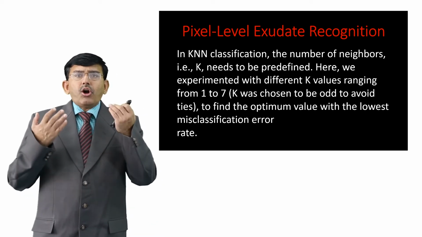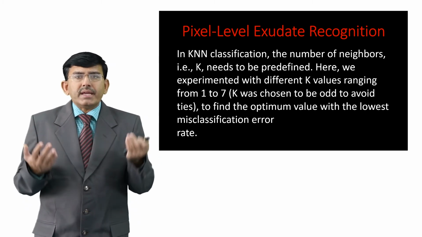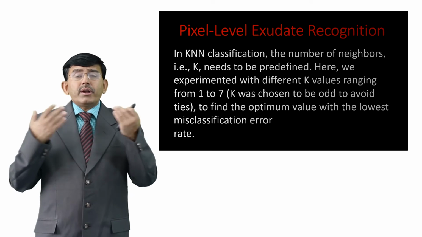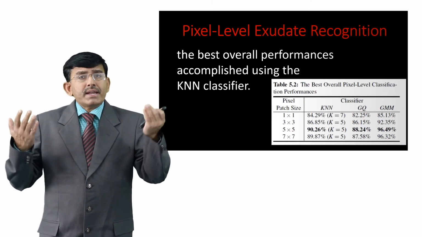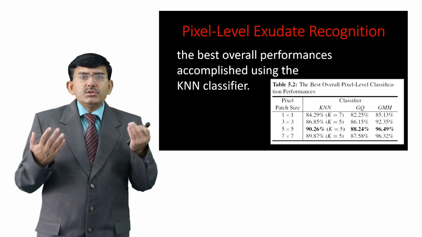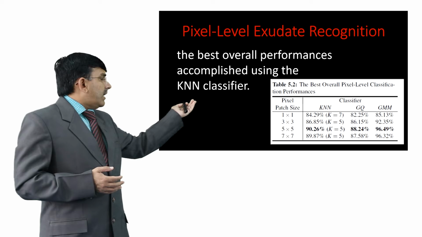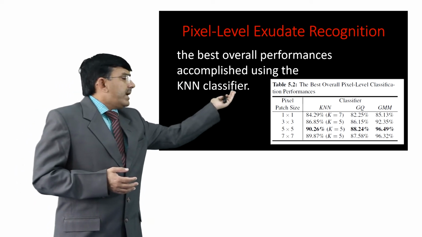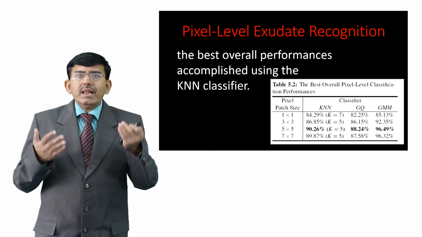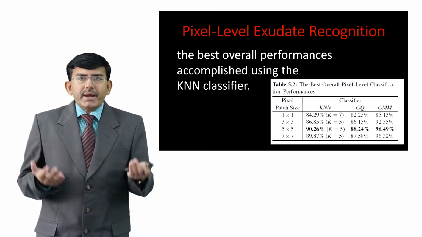To find the optimum value with the lowest misclassification error rate, and by considering that error rate, we modify K and run different iterations. The best overall performance was accomplished using the KNN classifier. A few of the results are shown comparatively in Table 5.2, where the best overall pixel-level classification performance is compared.